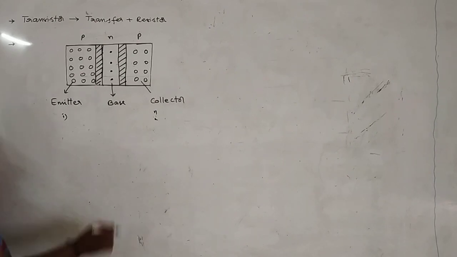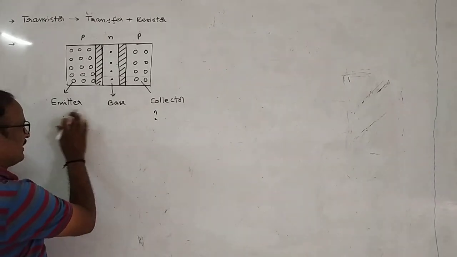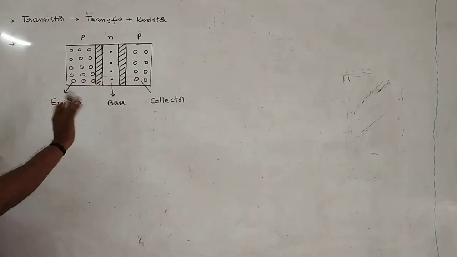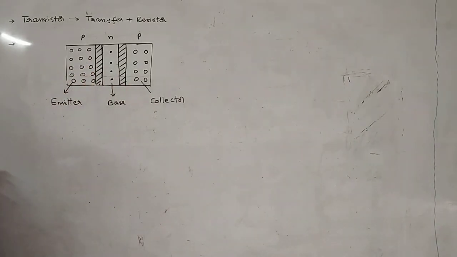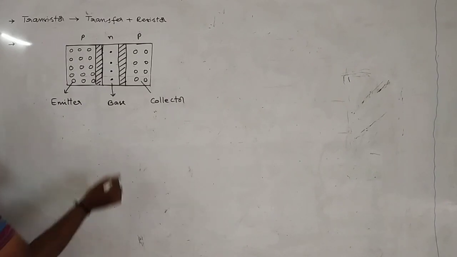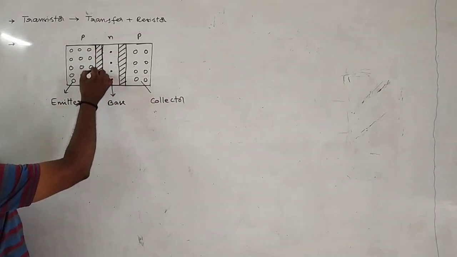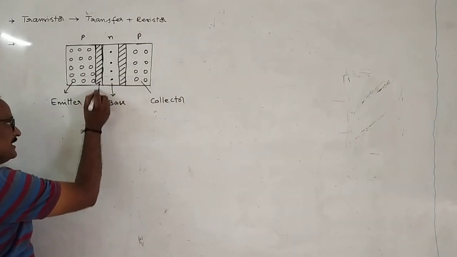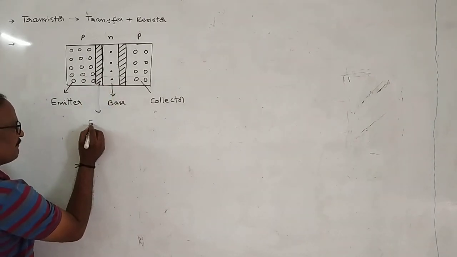But here there are three regions in any transistor: one is the emitter, the second is the base, and the third is the collector. A junction is formed between the emitter and base, so it is known as the emitter base diode.